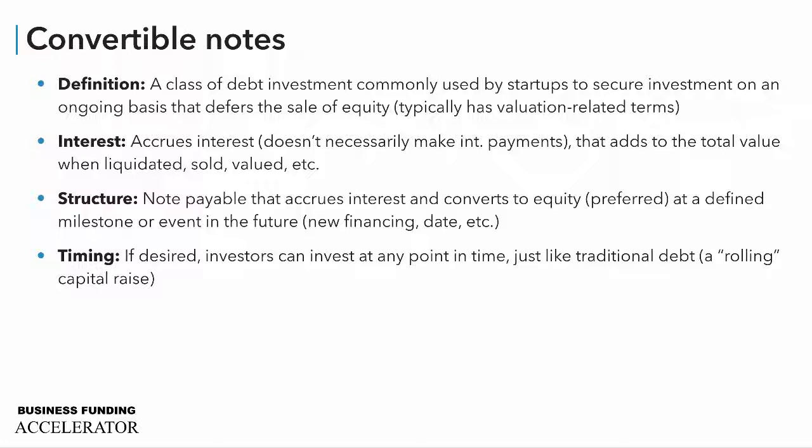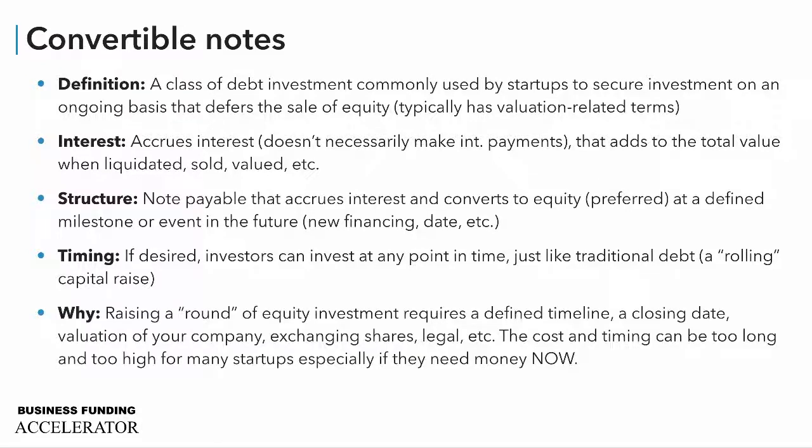We won't get into the details today, but again, it just allows many investors to write checks at will and many startups to raise capital at will, since the legal requirements in the structure are a little bit easier to navigate. And why is this important? Well, when you're raising a round of equity investment, it requires a defined timeline, a defined closing date.